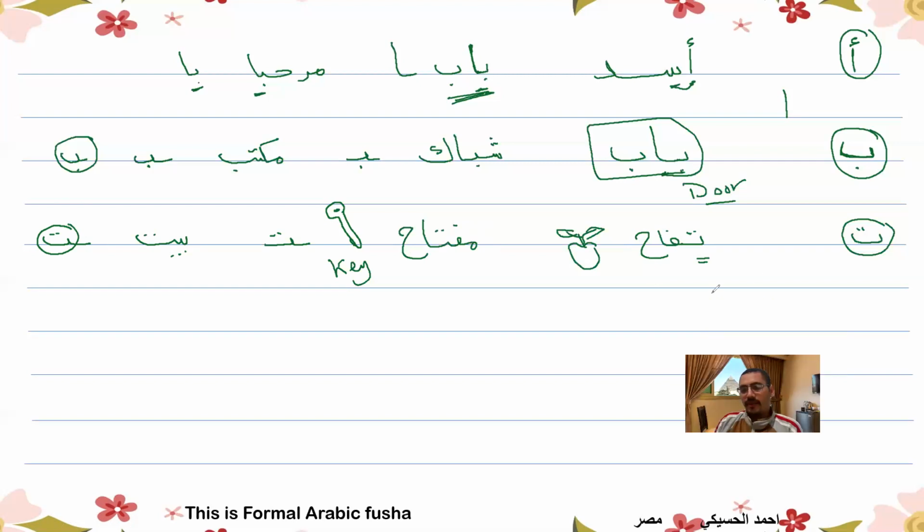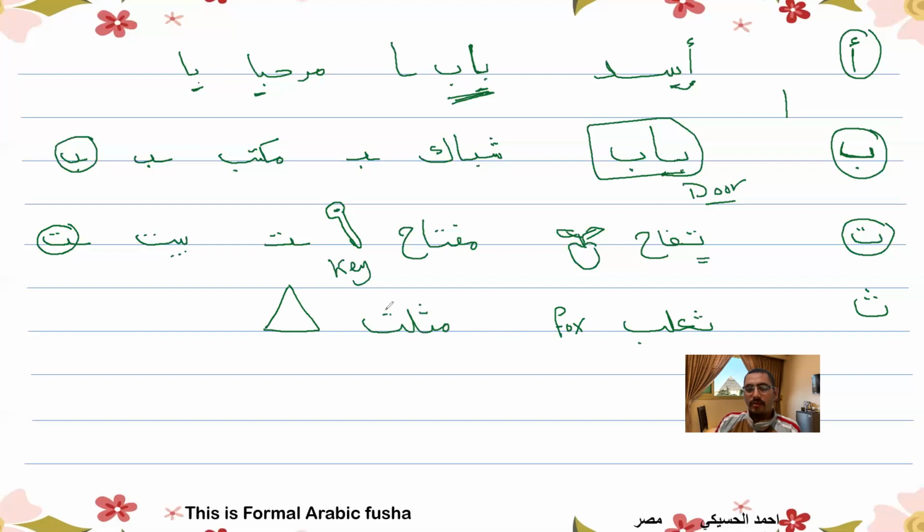Letter ثاء. In the beginning, one edge, as ثعلب. ثعلب means fox. In the middle, as triangle, geometric shape, مثلث.